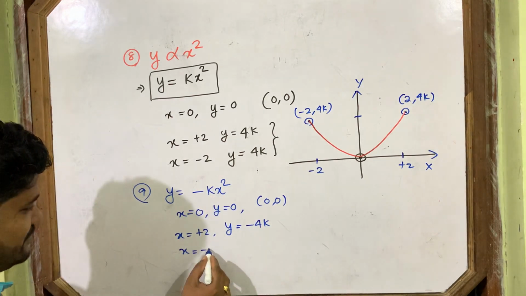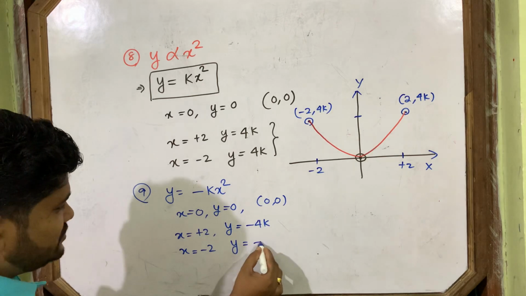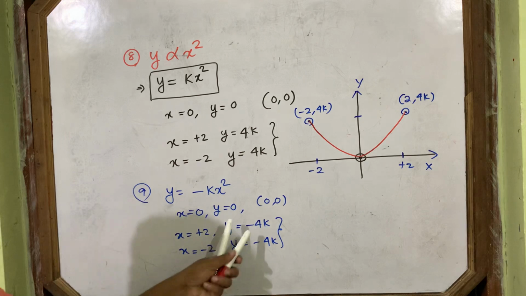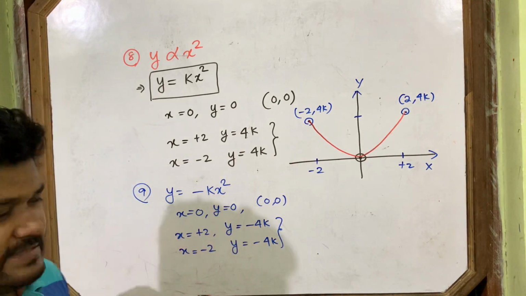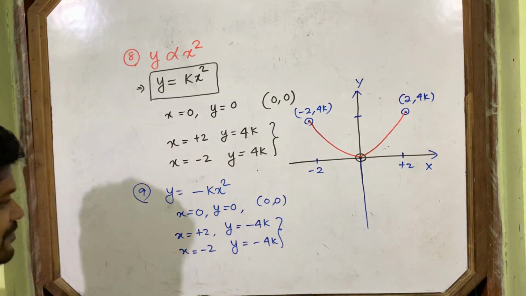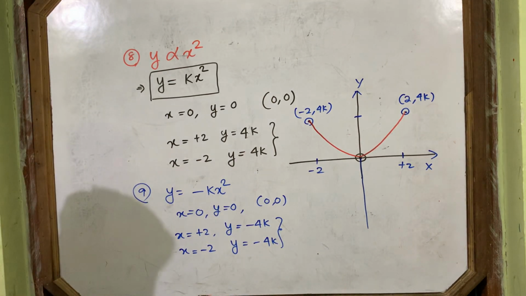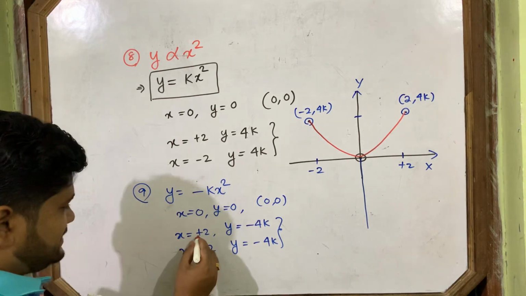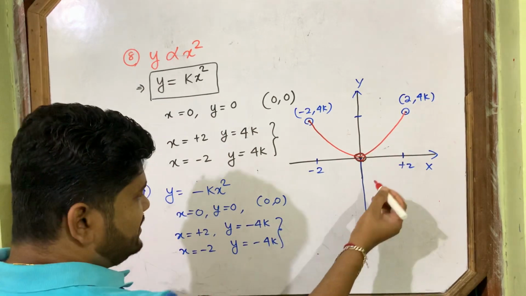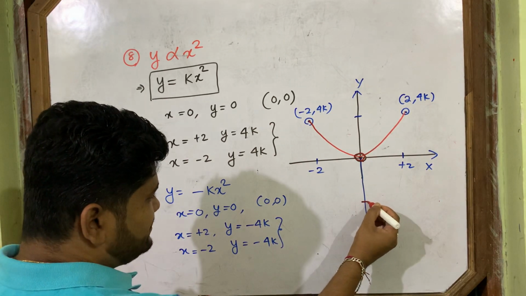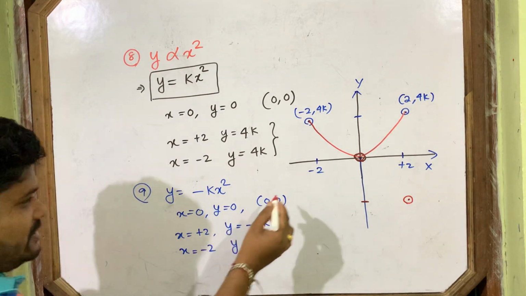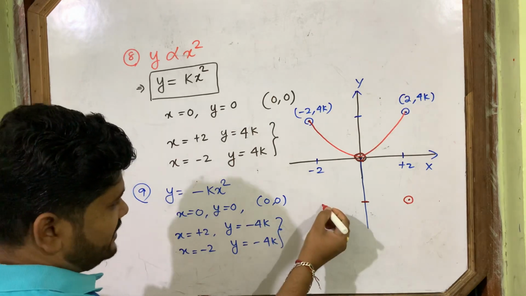If x is equal to minus 2, then also y is equal to minus 4k. Only difference is y now goes to the negative axis. In the same graph I am drawing it here. When x is 0, 0, 1 common point, when x is plus 2, it becomes minus 4k. When x is minus 2, then it's minus 4k.